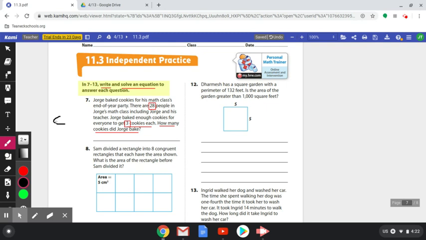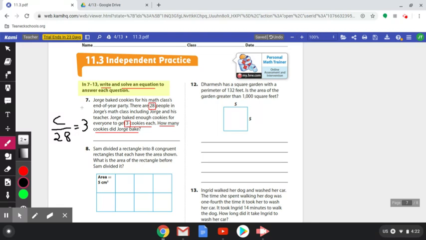So whatever that total amount of cookies was when he started, that total amount of cookies divided by 28 people equaled 3 each.